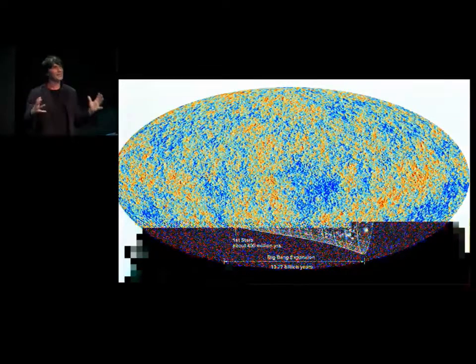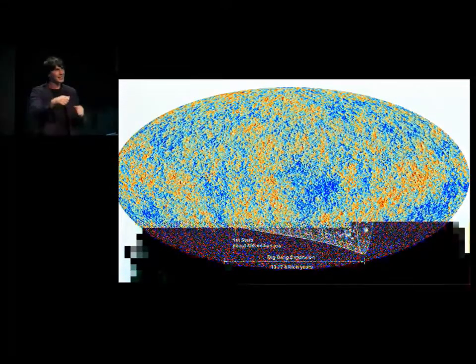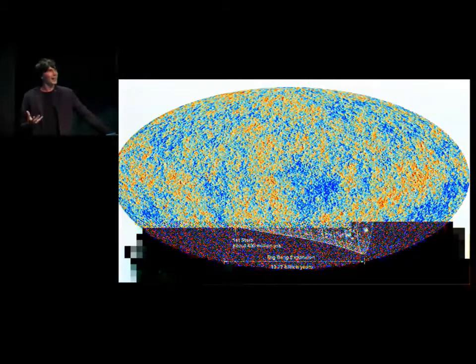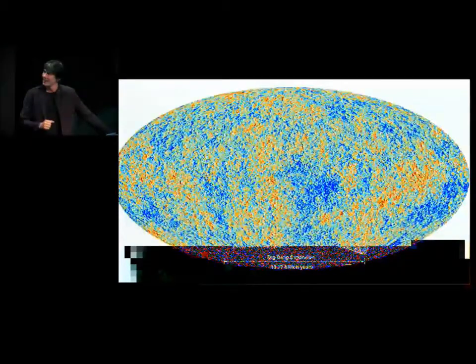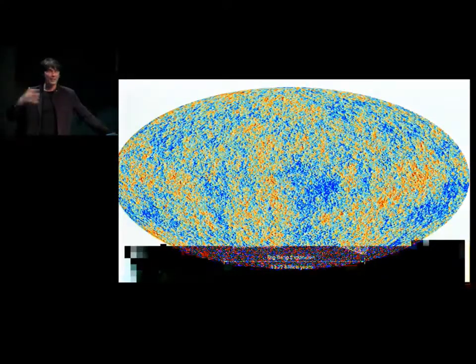And in that plasma state, photons can't journey through the universe very far. They keep scattering off the charged particles. So the universe is opaque. It's almost like one big star, in a sense. But 375,000 years after the Big Bang, that changes because the universe is cooling, the atoms form, it becomes transparent, and that light can travel through the universe. And we can take a photograph of it.